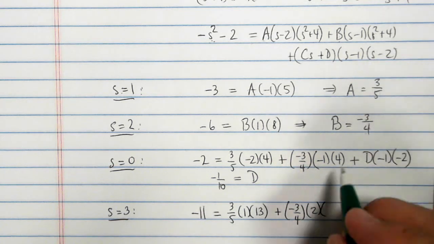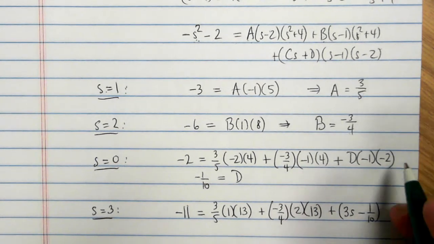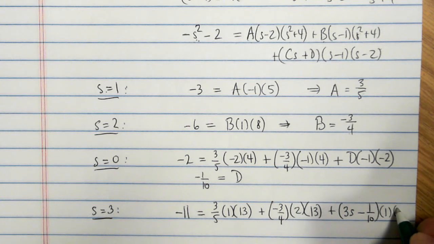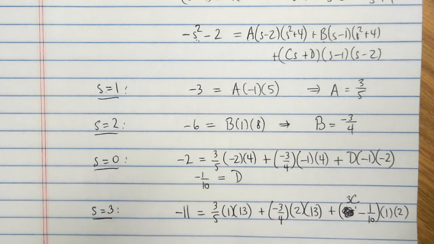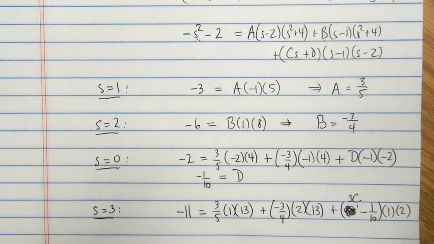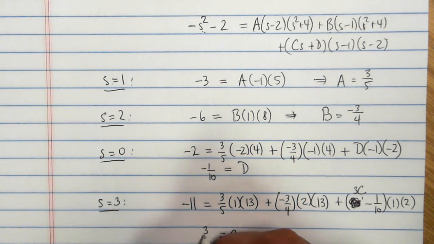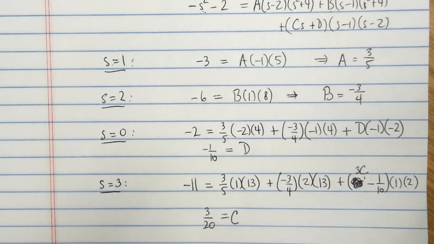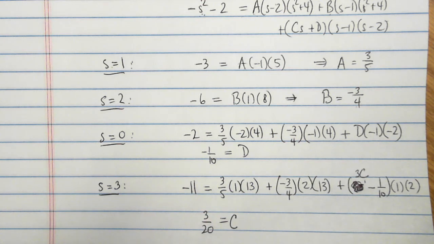Then 9 plus 4 again is 13, plus 3 times C, minus 1/10 times 1 times 2. Sorry, 3 times C, not 3 times s. And so now we have a pretty long algebra problem to solve for C, and it works out that C is equal to 3/20. And so there are the A, the B, the C, and the D in the partial fraction expansion.